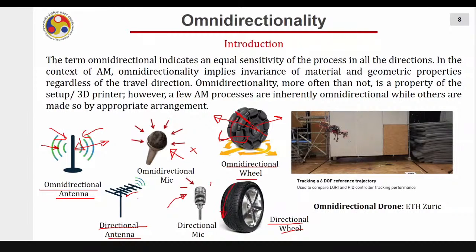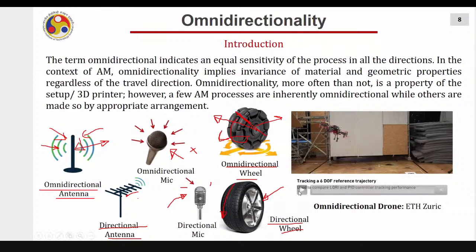And if I use this wheel in my car, I do not always go straight, right? I have to take turns also. So you use some additional arrangements, and what are those? Those are your steerings, right? So by using the additional arrangement, you are making this wheel omnidirectional, but it is not inherently omnidirectional. While the above one is inherently omnidirectional. You have to just apply the force appropriately. Fine.